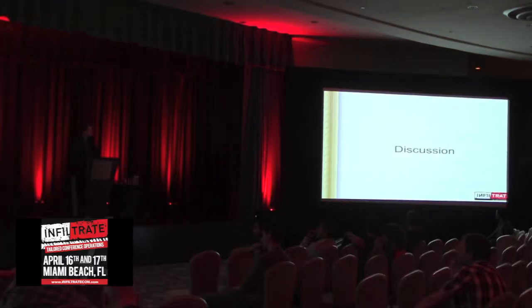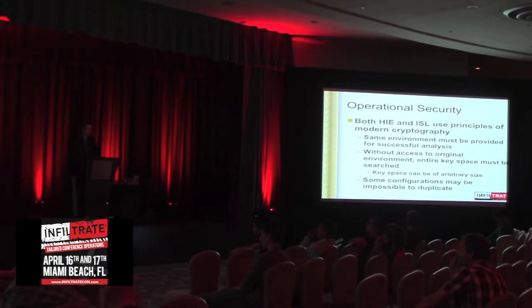All right, so I'm going to talk a little bit about the operational security properties of HIE and ISL, and then propose some countermeasures and see what the effectiveness of those countermeasures might actually be. So both HIE and ISL use the principles of modern cryptography, which means knowing how they work does not affect the integrity of their protections.